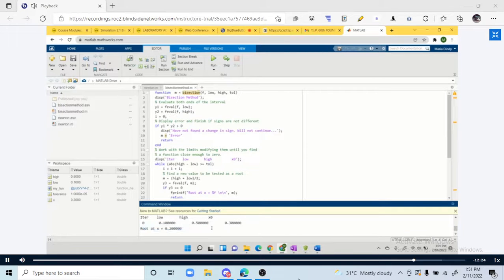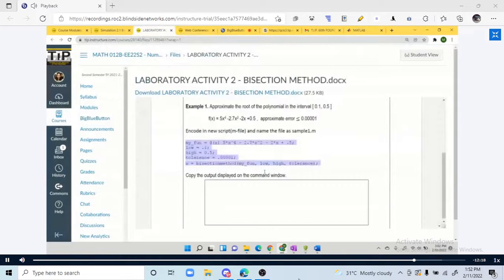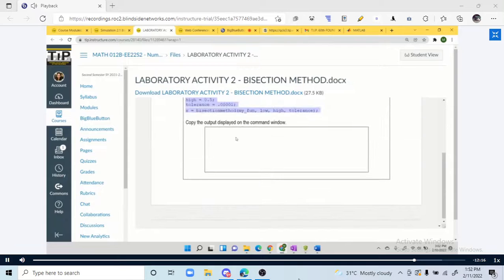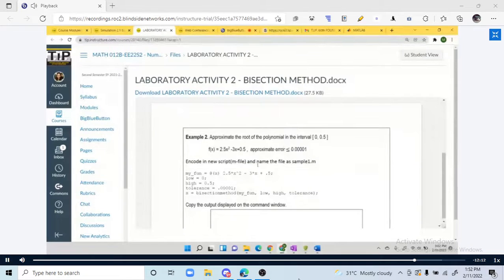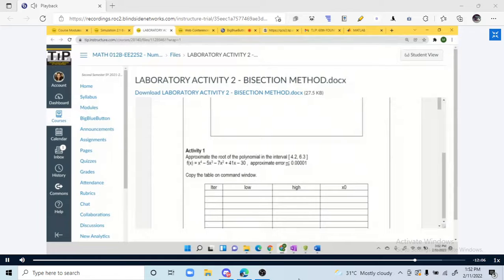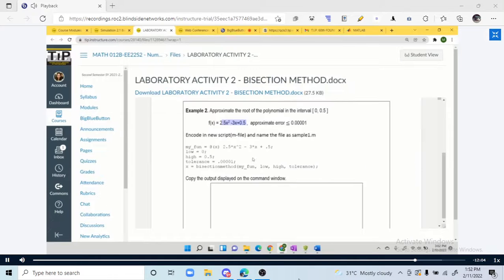Ito yung sagot. Root. So, ganun lang siya. Or, kunin mo yung output na dini-display ng command sa command window, and then do the same thing here, but for a different function. Okay? And then activity na.